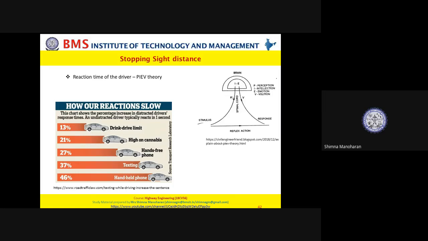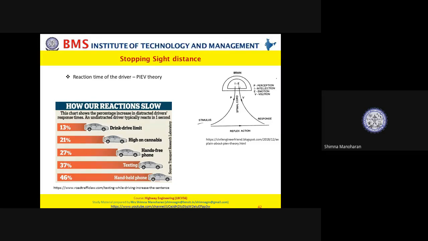Okay, so perception, you perceive the situation by the eyes, like you see the obstruction, or sometimes you might hear the honking, right? If you're not able to see the obstruction, you might be able to hear. So that is the perception. Then intellection time. Then emotion time. Suddenly if you find an obstruction, the immediate reaction will be fear, right?